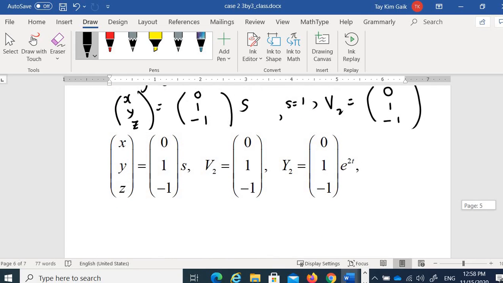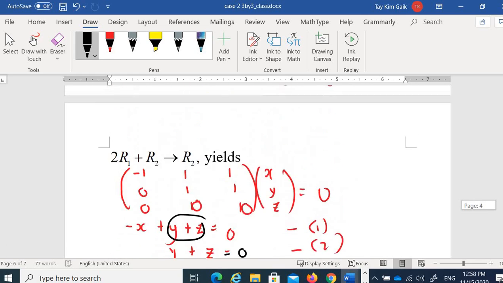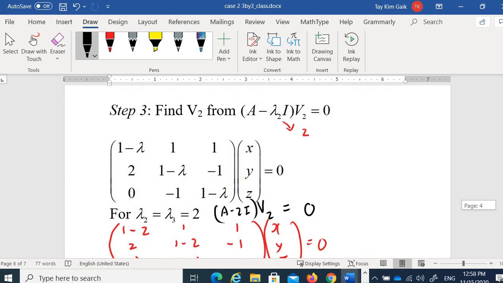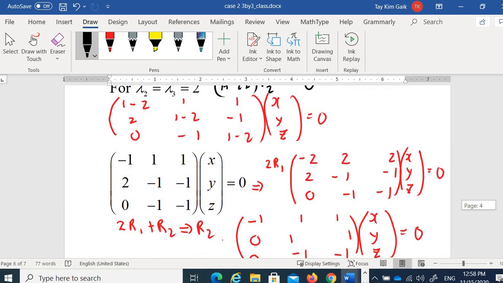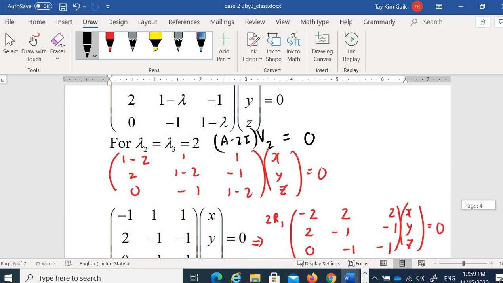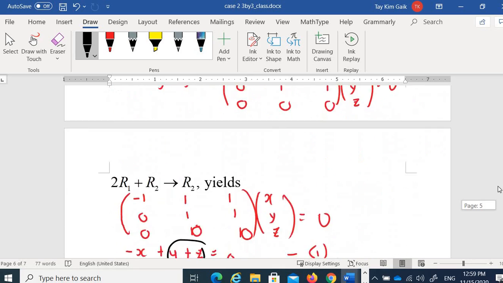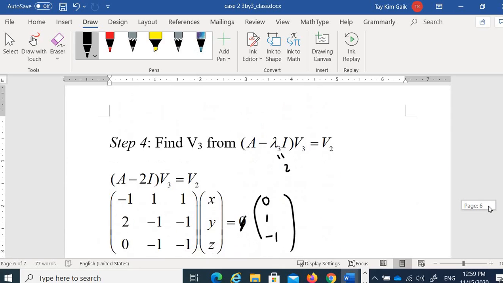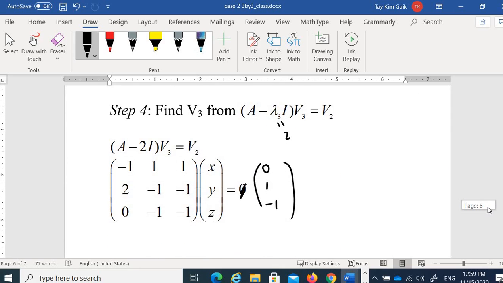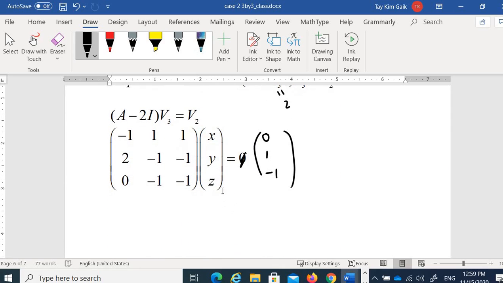You may take the same system from step 3, but now this is (A minus 2I) v3, where v3 is what we want to find, x, y, z. Now, instead of equal to 0, you equal to v2, because this is a repeated eigenvalue.